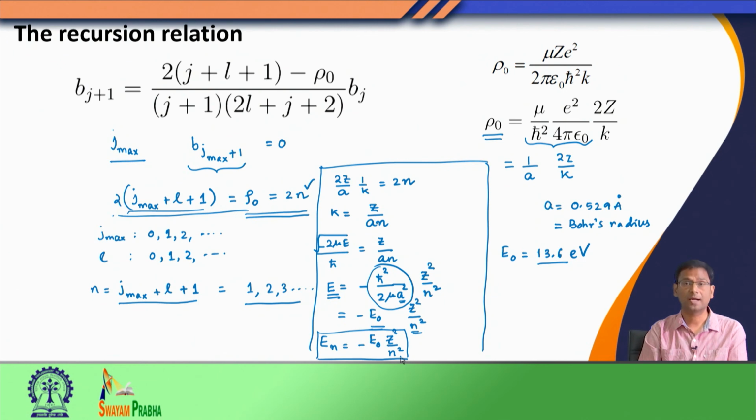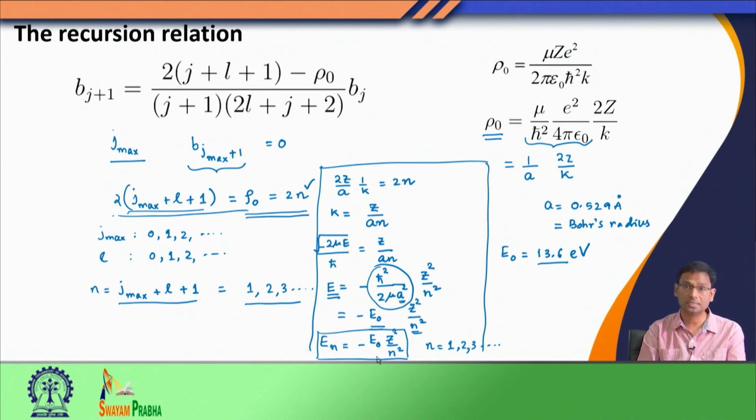Now, for hydrogen atom where Z is equal to 1, if you put Z equals 1, then you would see the lowest value. So, here the energies are for n equals 1, 2, 3 and so on and so forth. For hydrogen atom when Z equals 1, I have got only this term, minus 13.6 electron volt. Lowest energy is obtained when n is equal to 1, and that value is simply minus 13.6 electron volt.